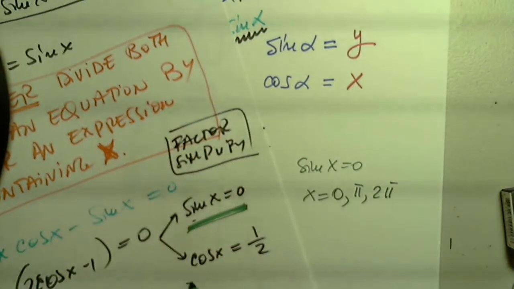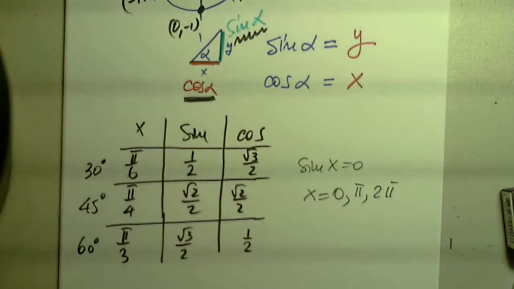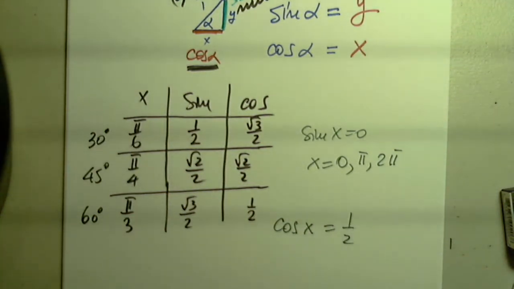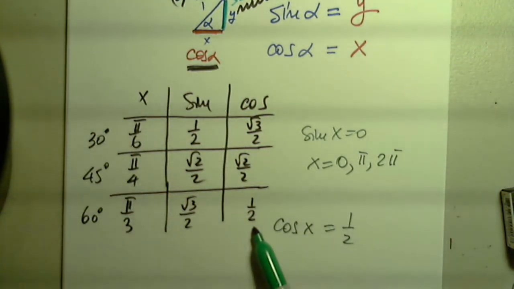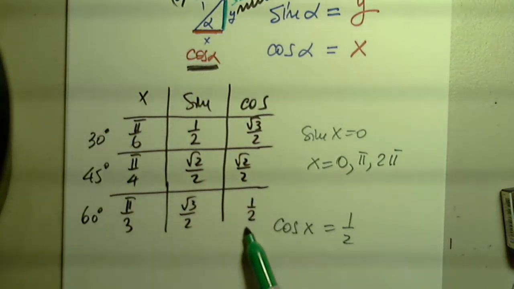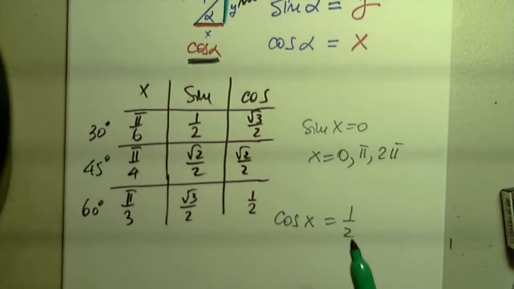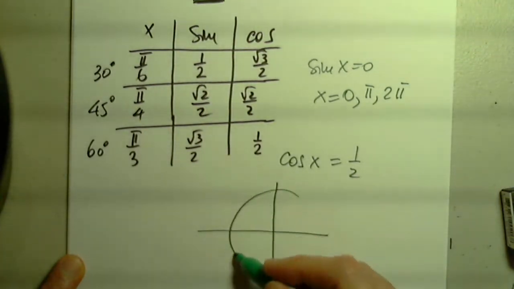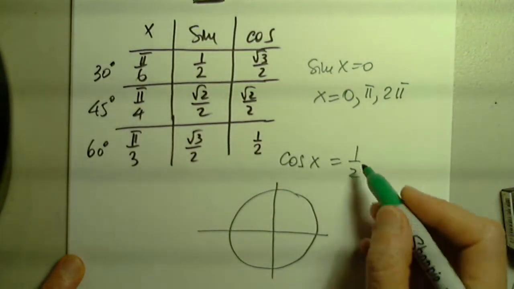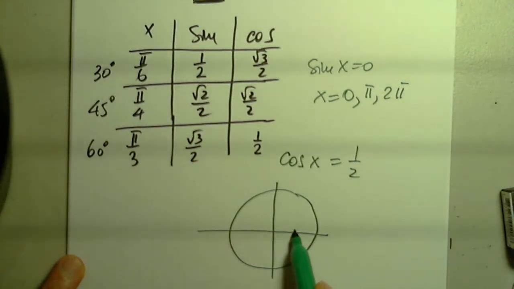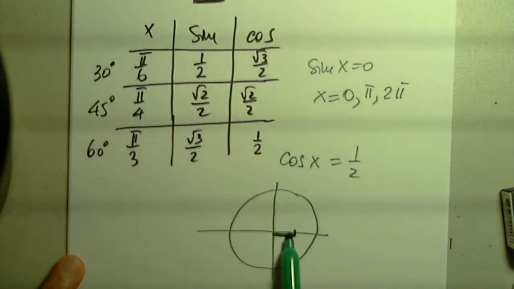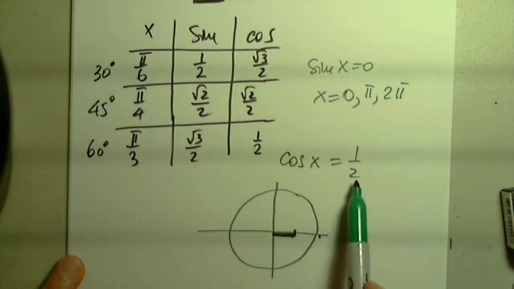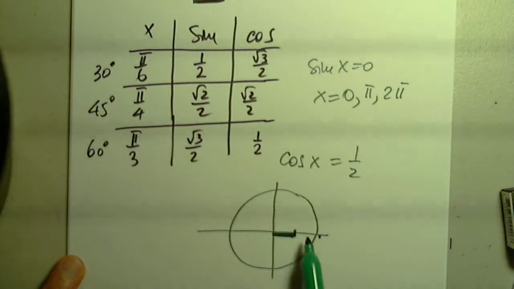Now the other equation is cosine x equals 1/2. For cosine x to be 1/2, I know that it's the big angle, but there are two angles. Let's take a look. Cosine 1/2 means half here, because cosine is between 0 and 1. 1/2 is just half of this.